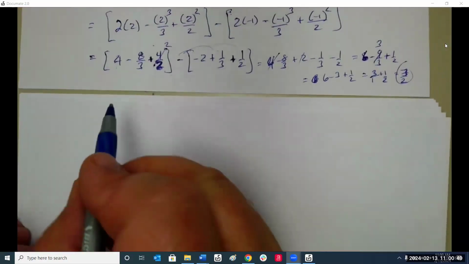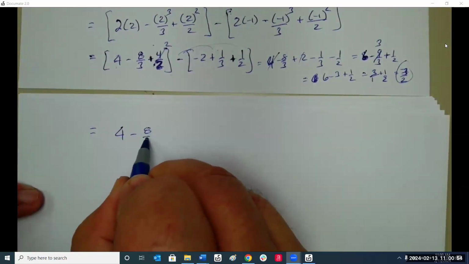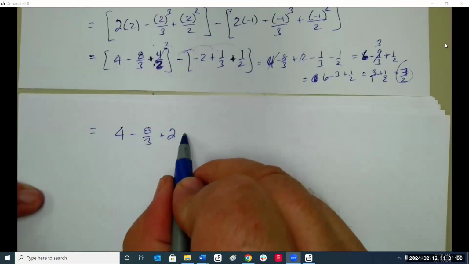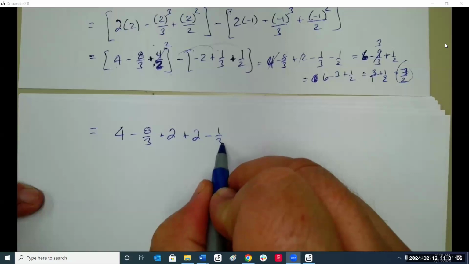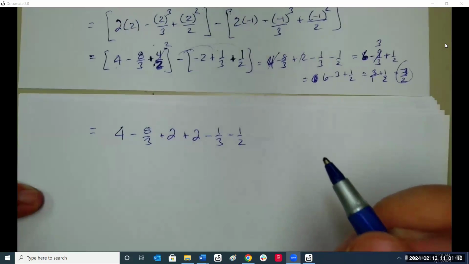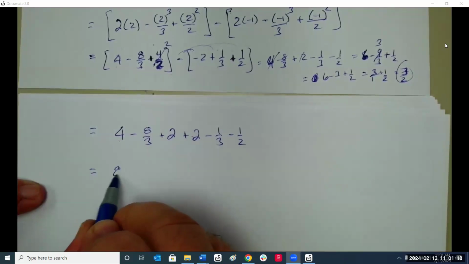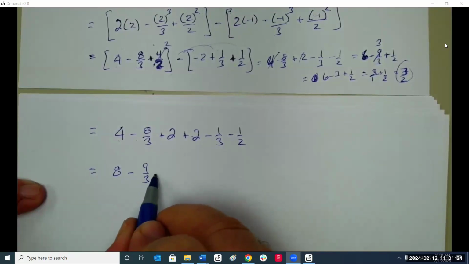Okay. Let me finish that again. That's looking weird. So we have 4 minus 8 over 3 plus 2 plus 2 minus 1/3 minus 1/2. 4 and 4 is 8 minus 9/3.